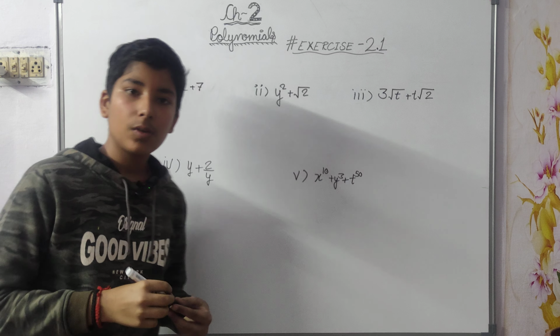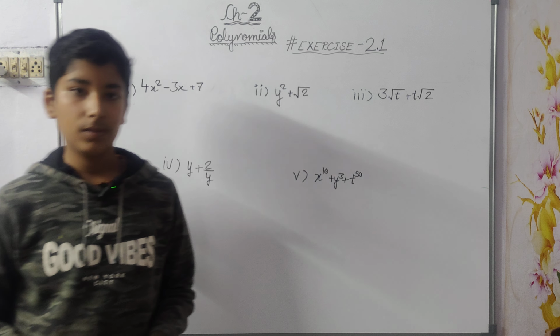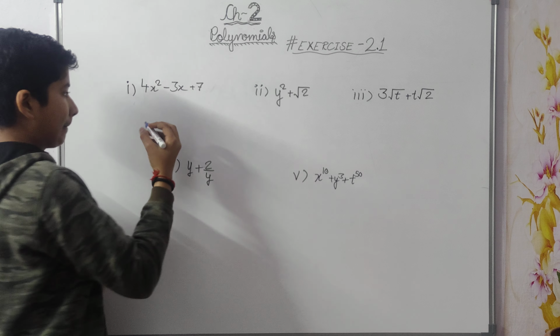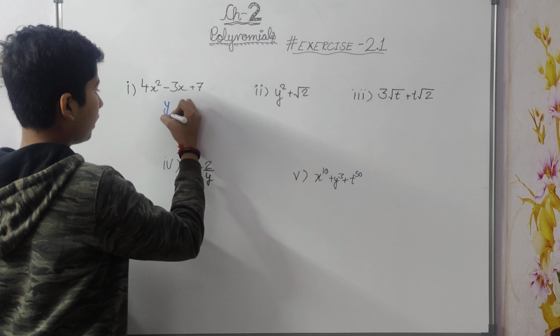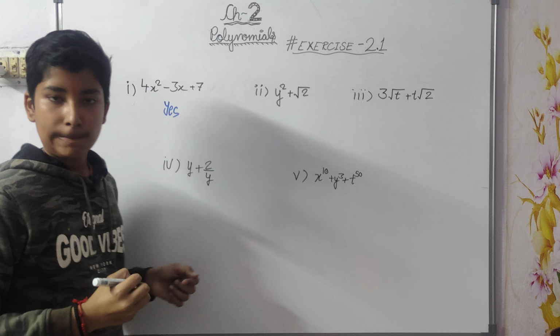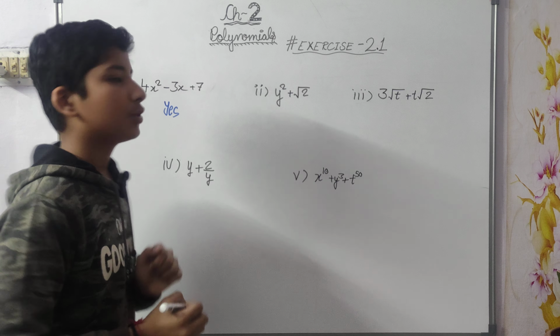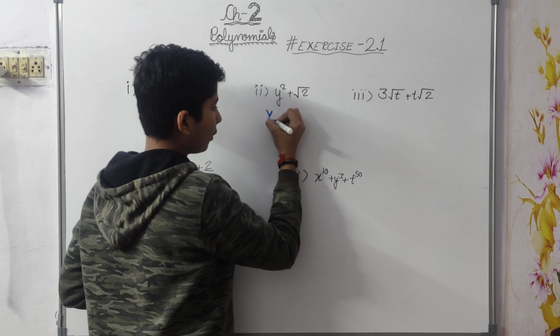Now, I will denote the polynomial by yes and which is not a polynomial by no. This is going to be yes. Why yes? Because there is only a single variable getting used over here. This also yes.